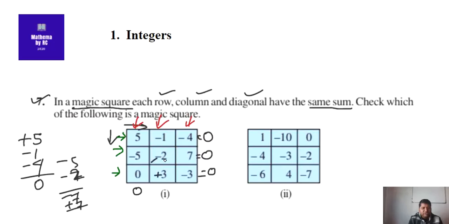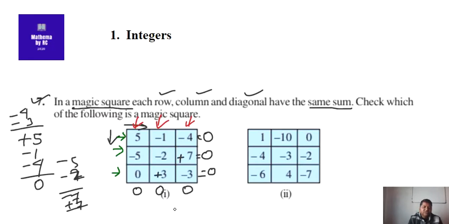Minus 1 minus 2 plus 3 is also 0. Minus 4 minus 3 is minus 7, minus 7 plus 7 is 0.